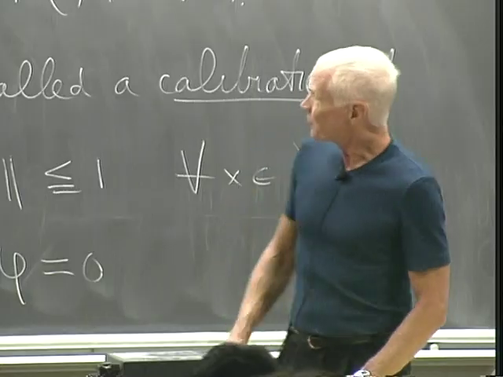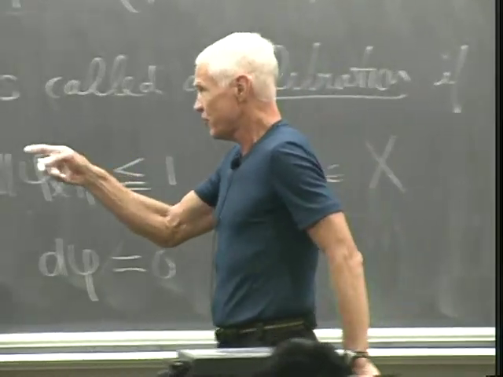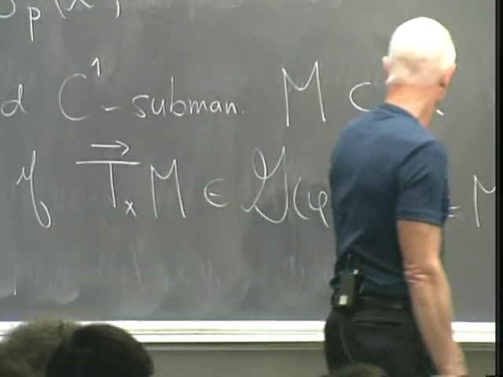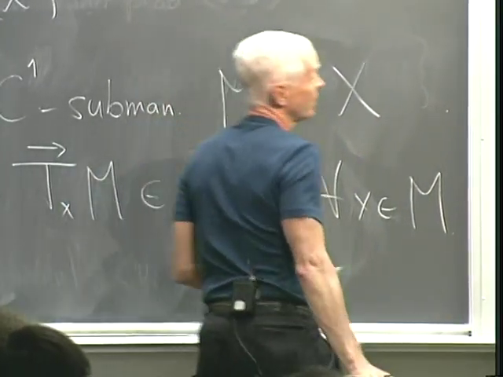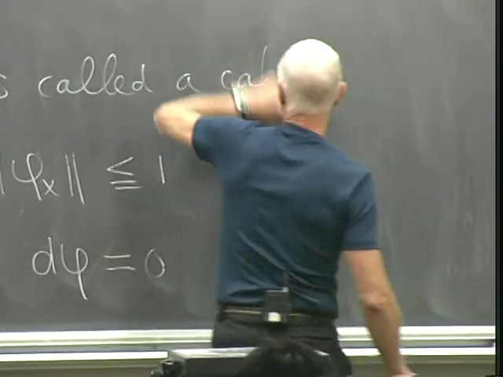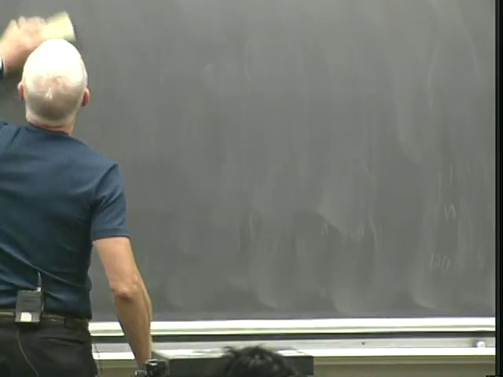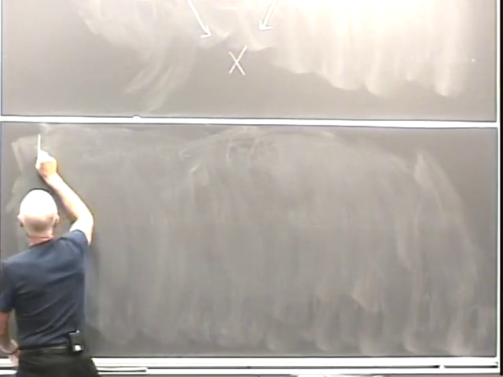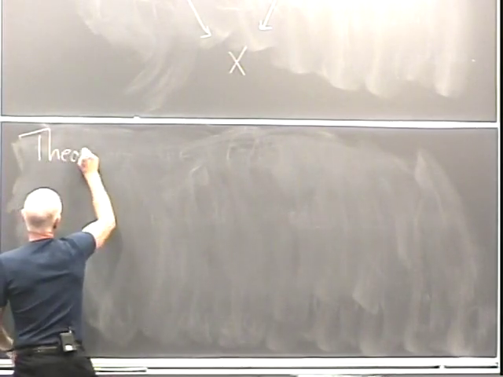Okay, and even though this is a very simple definition, the reason that it's interesting is the following. We don't seem to be making much of an assumption, but there's this amazing theorem which holds in this generality.